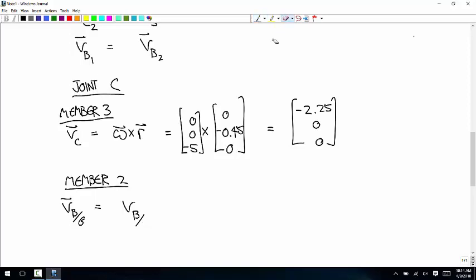So the velocity of C relative to the ground is equal to the velocity of C relative to the joint B plus the velocity of the joint B relative to the ground.